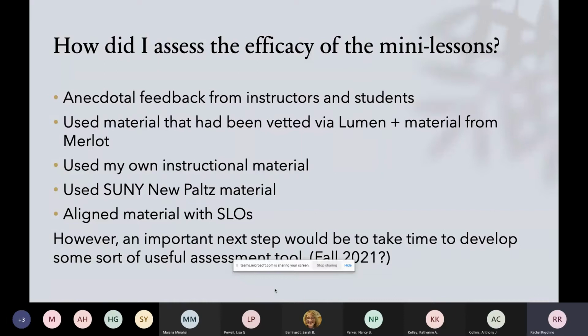So it's not like you're going out in the Wild West and there's no curation going on. There is. The next step would be to take some more time to develop a truly useful assessment tool to see the strengths and weaknesses of the way I designed the modules.